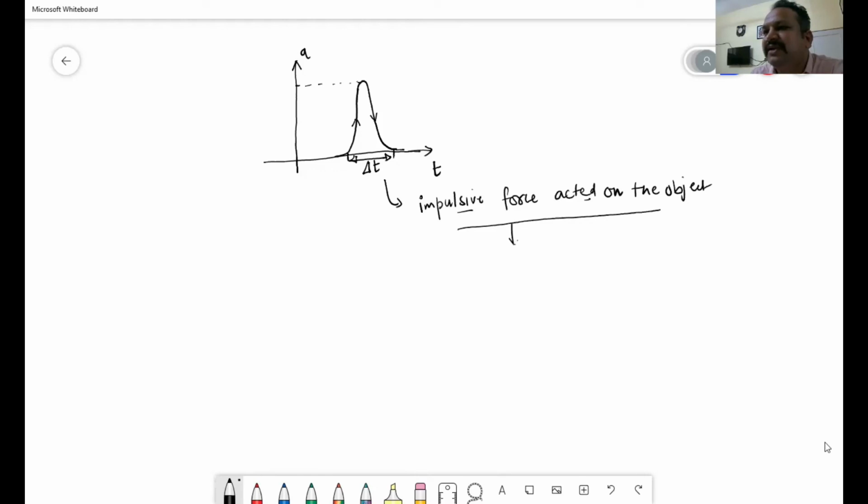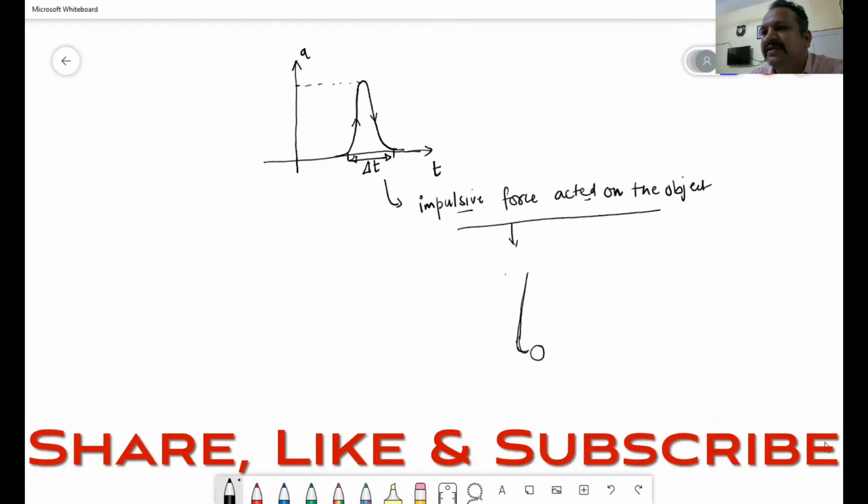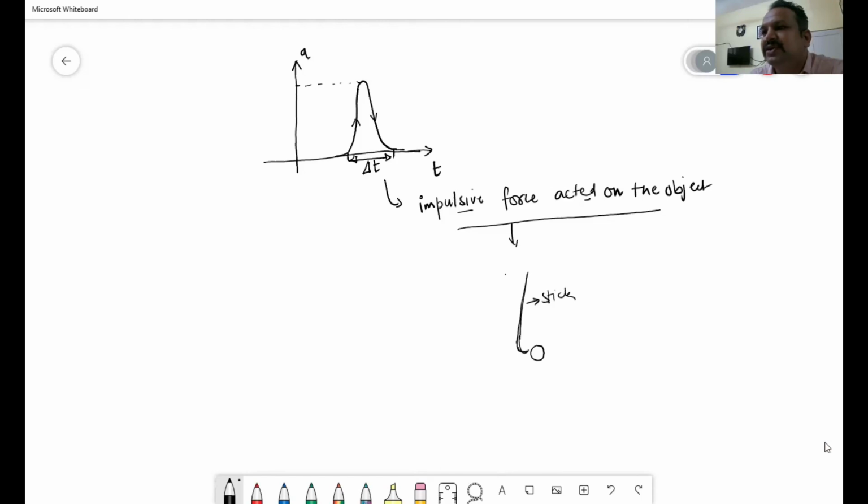What does it mean? Suppose a ball is there, and I hit this ball with a stick. Earlier this ball was at rest. Now if I hit this ball, for the very short time interval when the stick is in touch with the ball, it will accelerate and achieve some velocity, and it will go like this.